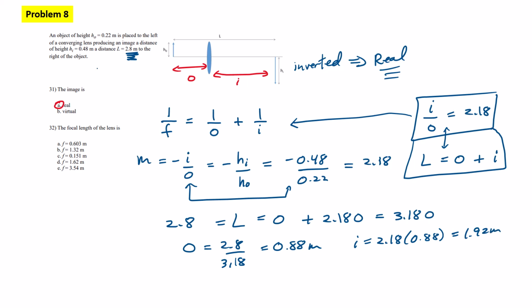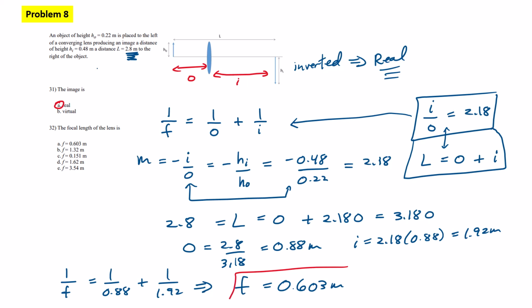All right, now we go ahead and substitute everything back into the equation. So 1 over F equals 1 over 0.88 plus 1 over 1.92. That allows you to solve for that focal distance, and I got a value of 0.603 meters when I substituted the values in the calculator.